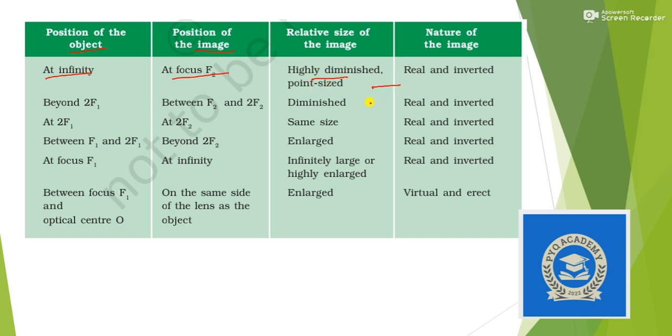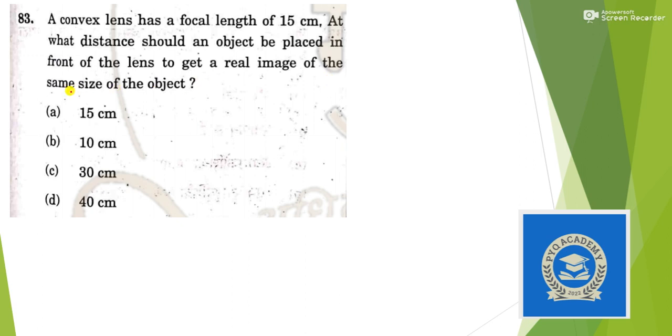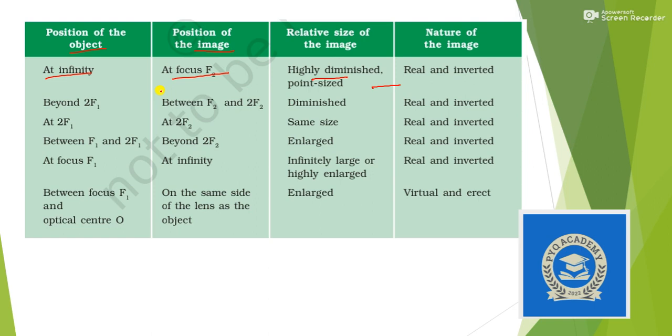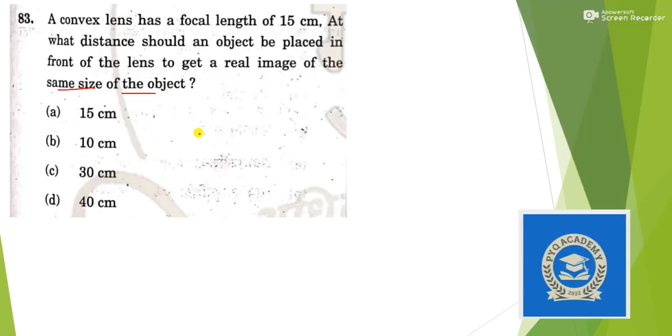Okay, then we are in search of an image of the same size. So when you put an object at 2f1, only then you will get an image of the same size at 2f2. Here f1 is nothing but the focal length.